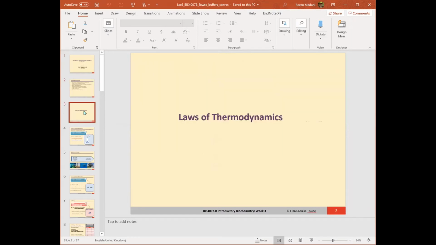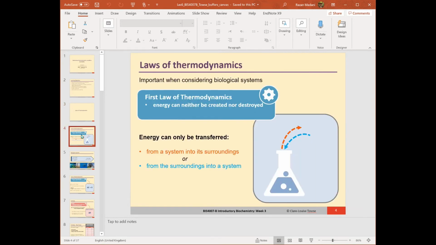So the laws of thermodynamics. First law of thermodynamics: energy can neither be created nor destroyed. Agreed? Okay, so what type of energies do we have?